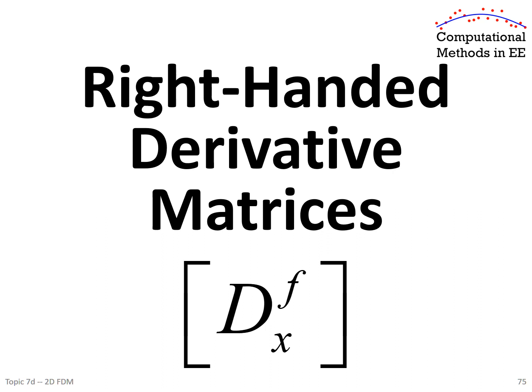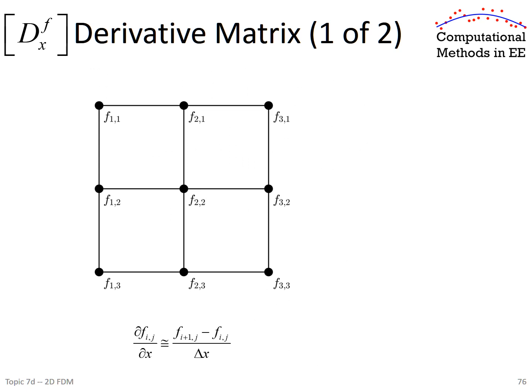So in this case, we're in the x direction. I chose a 3x3 grid because I guess that's the mood I was in. And here's the finite difference equation that we want to write once for each point. Now notice the array indices on I. We're changing the array indices on I because we're taking a derivative in the x direction.